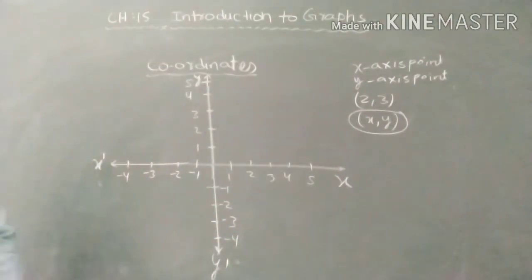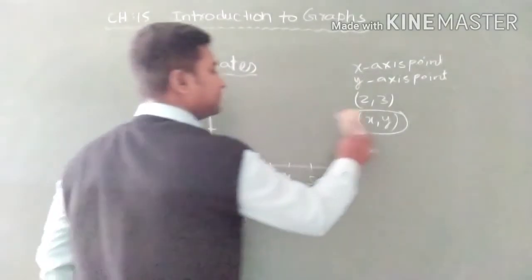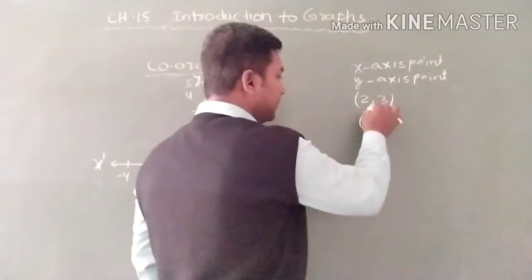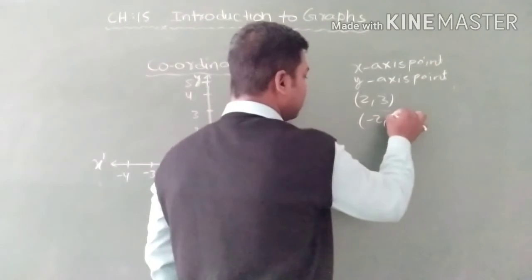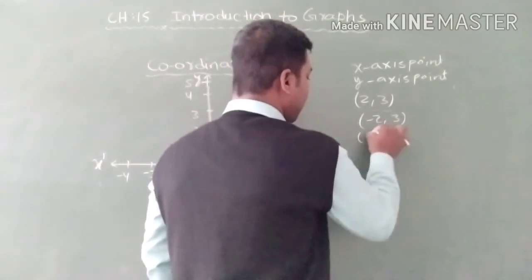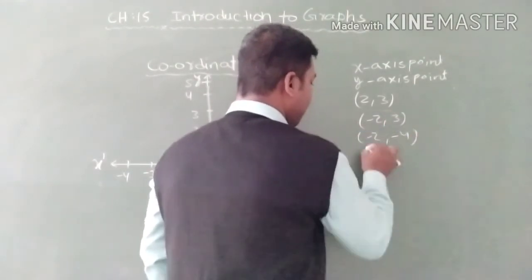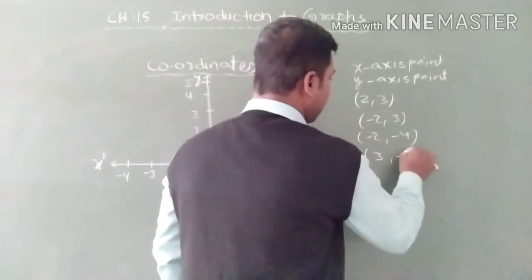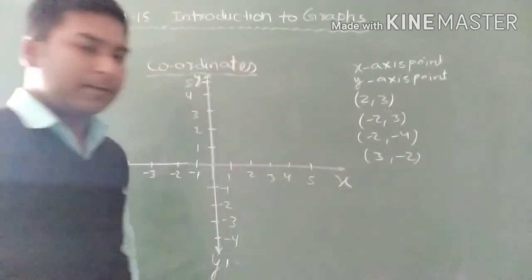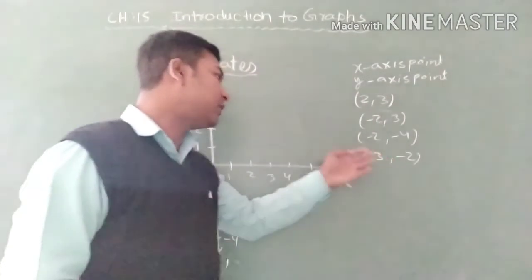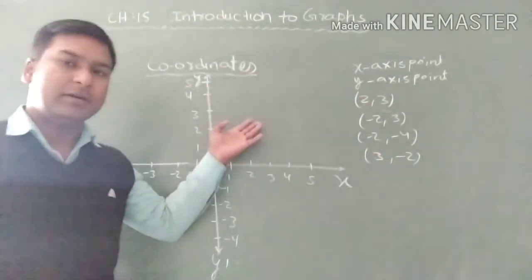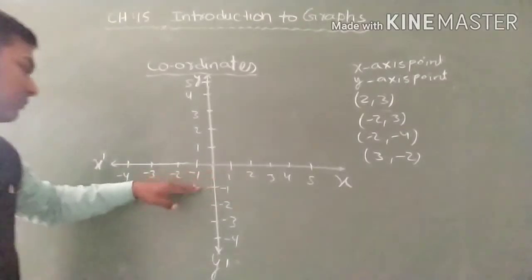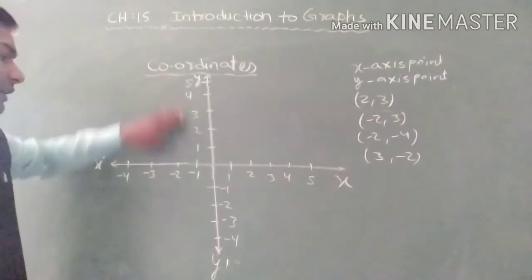Okay, so let's suppose we have to represent these 4 coordinates on this graph paper. So this is positive x, this is negative x, this is positive y, and this is negative y.